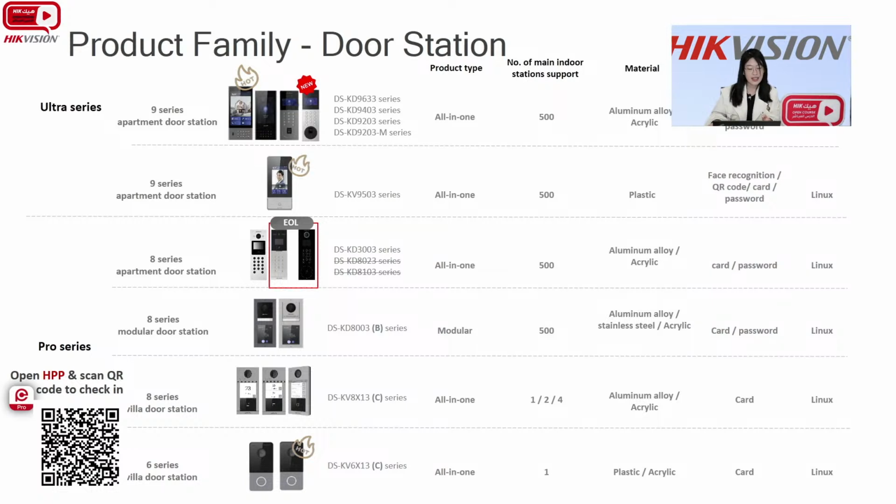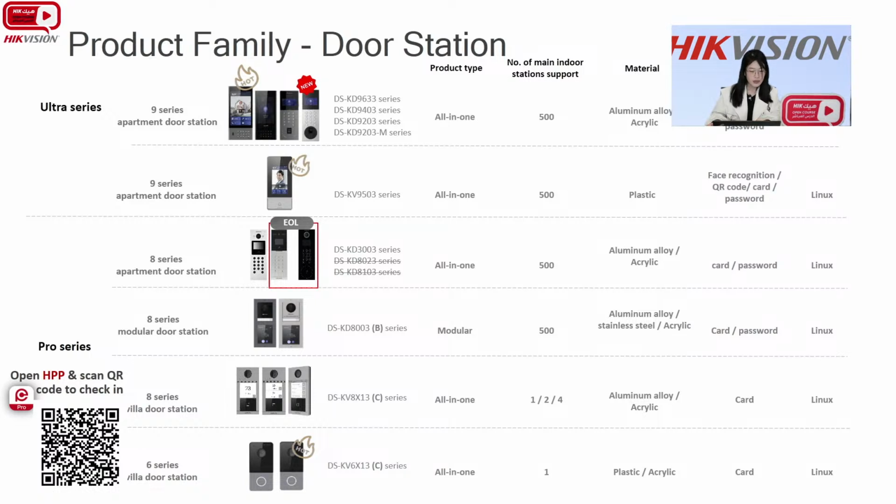This one is a kind of replacement. Attention please: the 9203, the 92 series, is a replacement for the KD8. We will not sell and produce the KD8 series anymore. So these two have come to the end of life. The replacement will be the 92 series. So there will not be a KD8 series anymore.